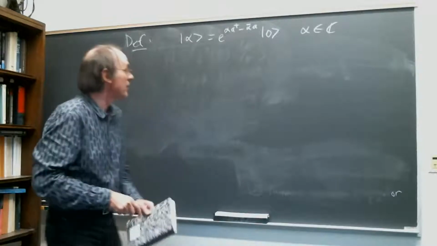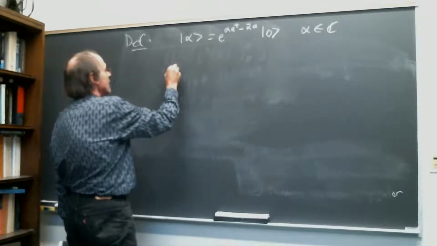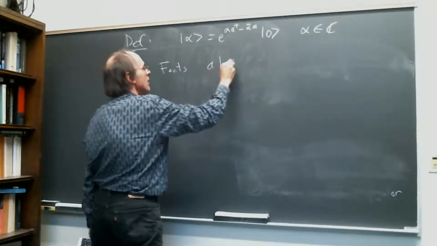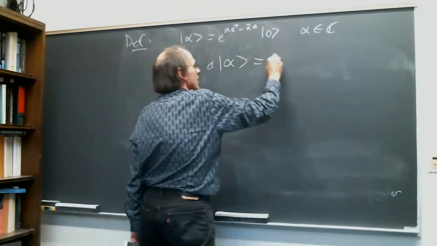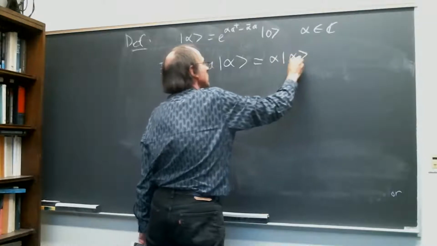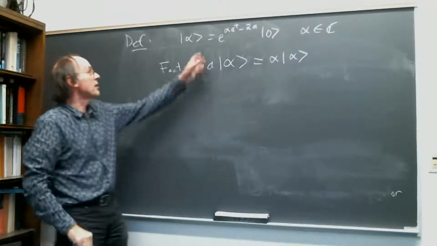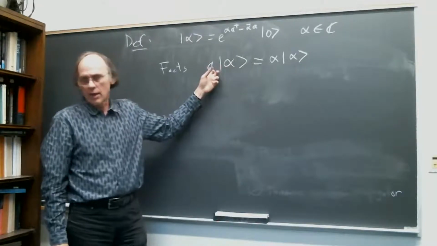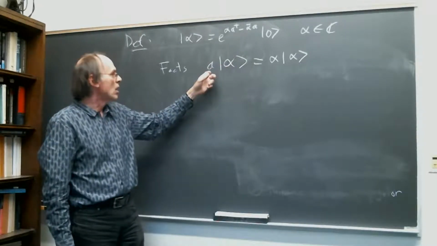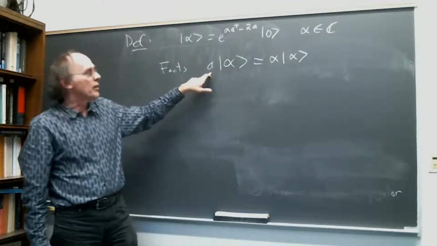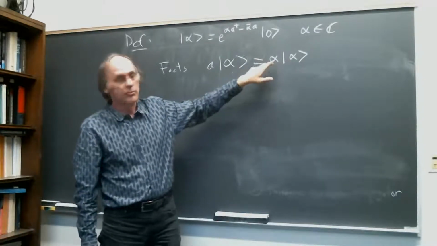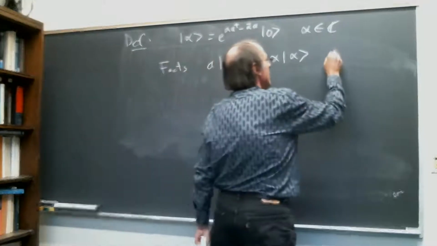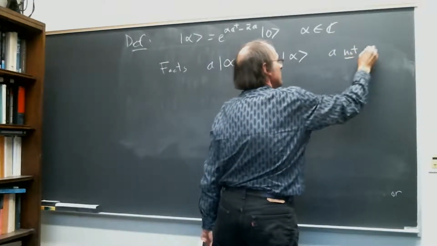So that's, and then the crucial fact. A alpha. So these guys are eigenvectors for the annihilation operator with eigenvalue alpha, but it's crucial to remember that A is not self-adjoint.